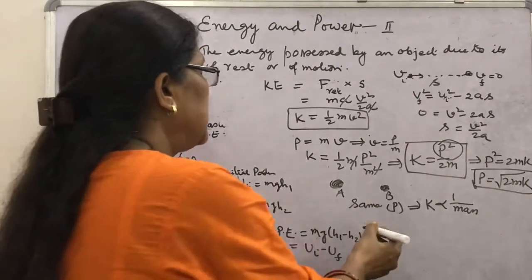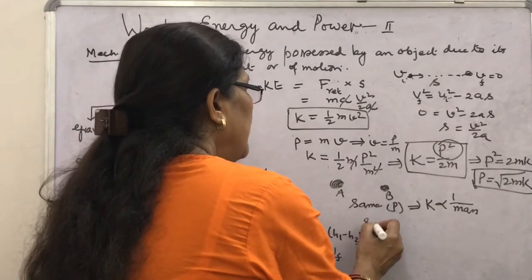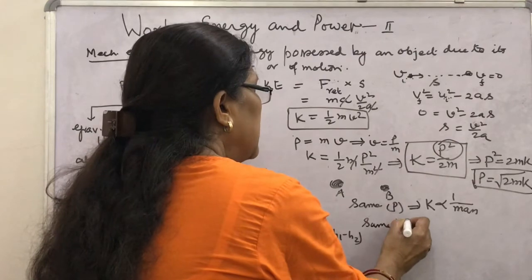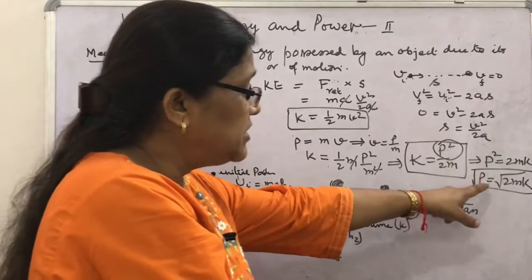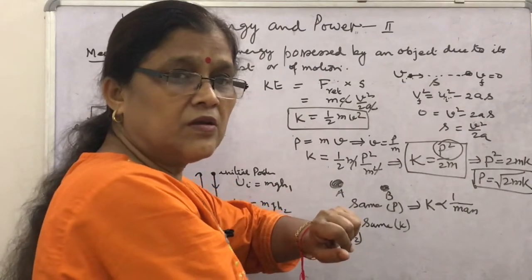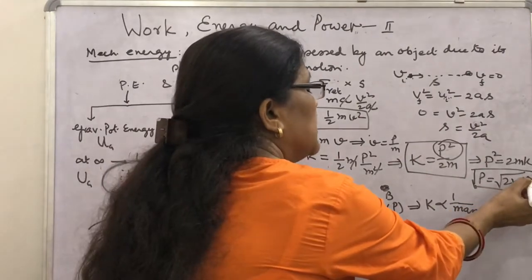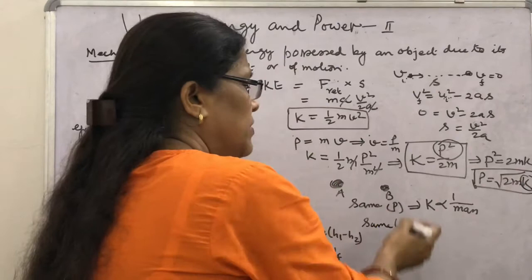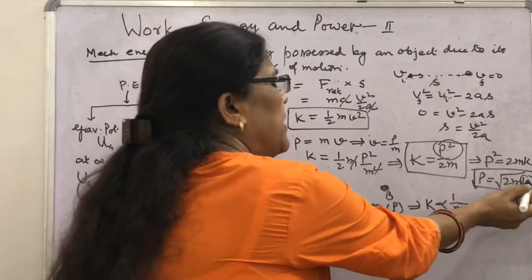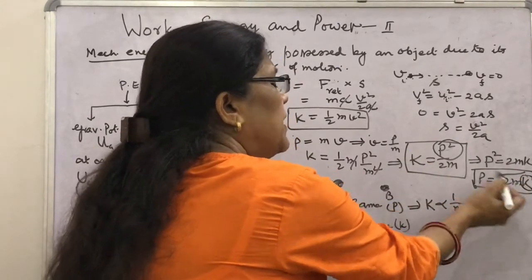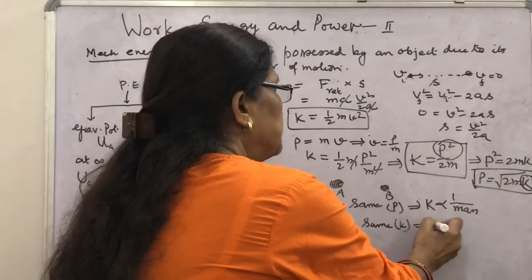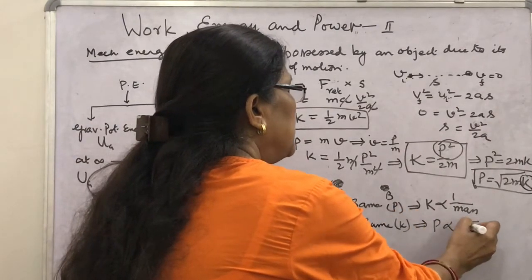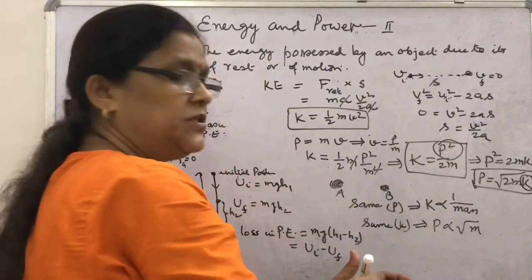In another case, if both are moving with same kinetic energy, then whose momentum will be greater? Use this relation. If K is constant, then how P and M are related? Directly, how will you find? This P is directly proportional to root M. What does it mean?